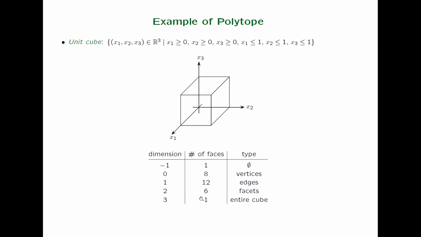And we can easily look at the faces and count them. So the empty set has dimension -1 by definition. There's one face of that type. The entire cube also, there's one of those, and that has dimension 3. But then we've, of course, got the 8 vertices, the 12 edges, and the 6 facets of dimensions 0, 1, and 2.